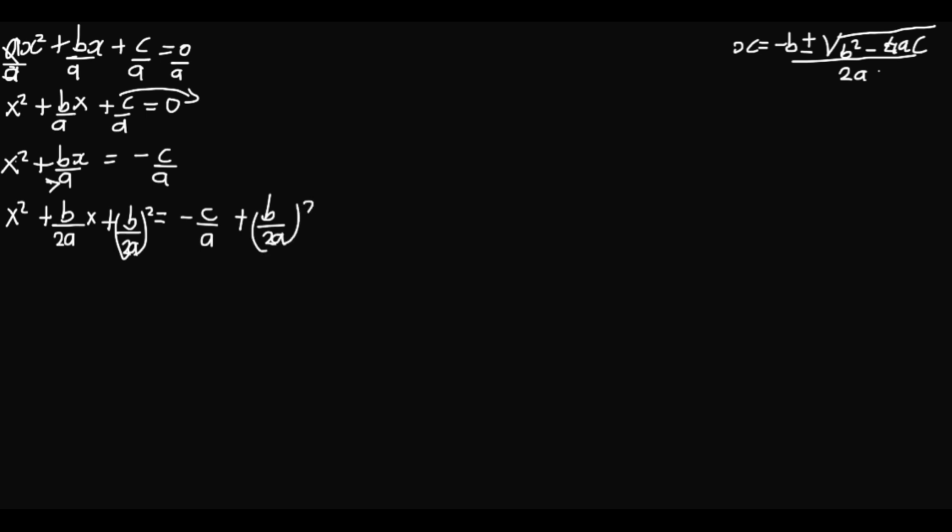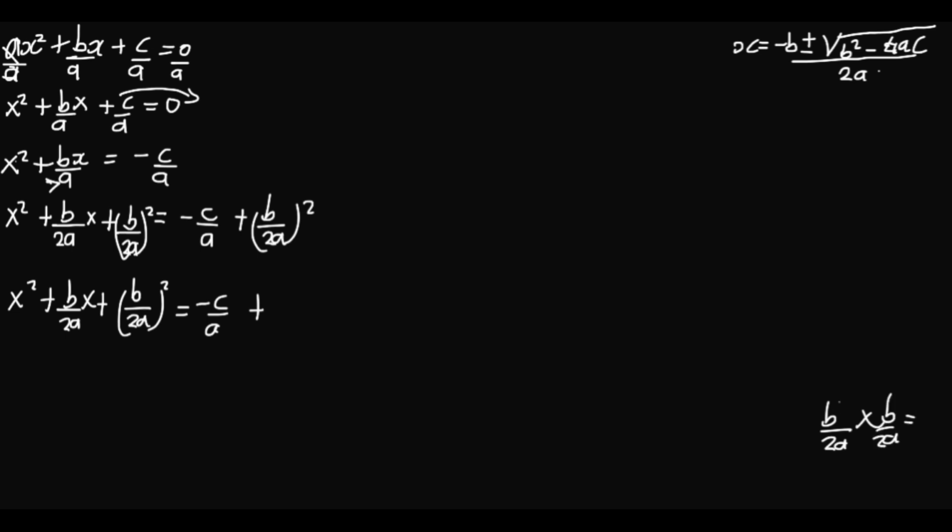Then from there, we are going to simplify the right side of our equation. We keep our left side the same. So we are going to expand b over 2a squared. So b over 2a squared is the same as b over 2a times b over 2a.